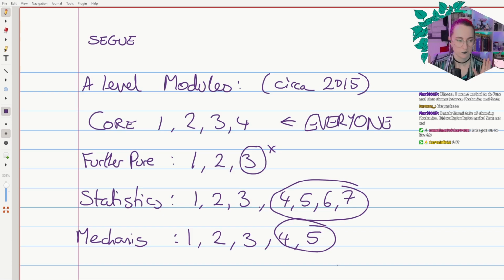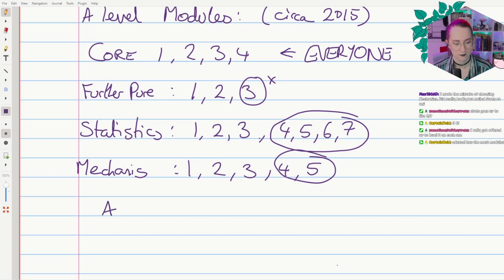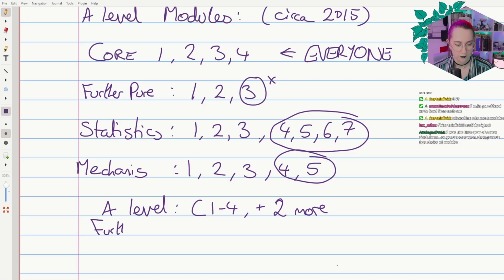So for an A-level, you had to do C1 through 4 plus 2 more. And each one of these was like a big exam. And then further additional 6 modules.